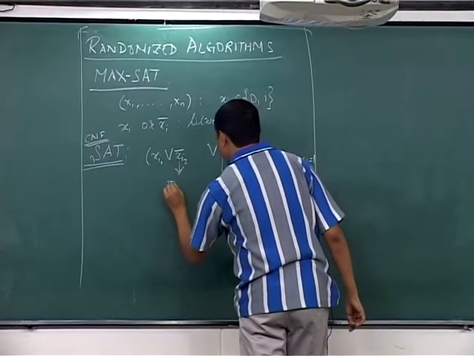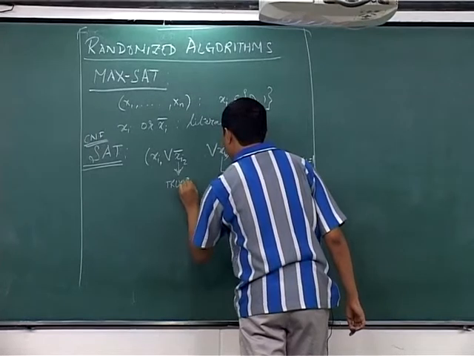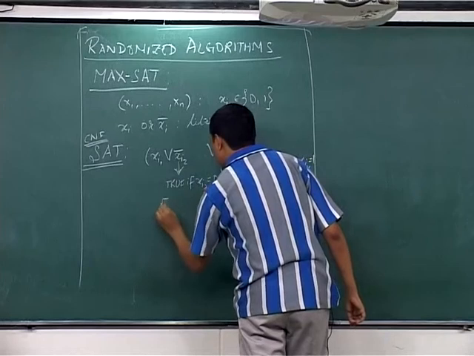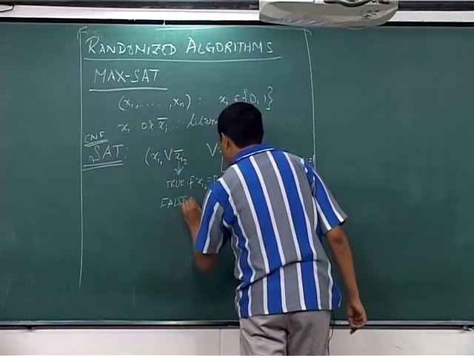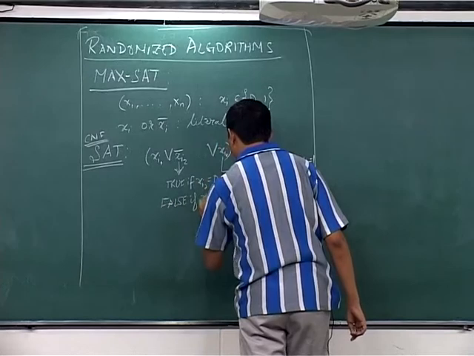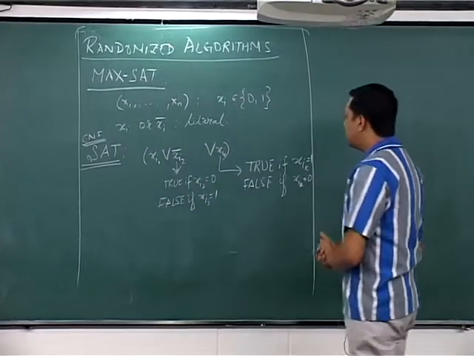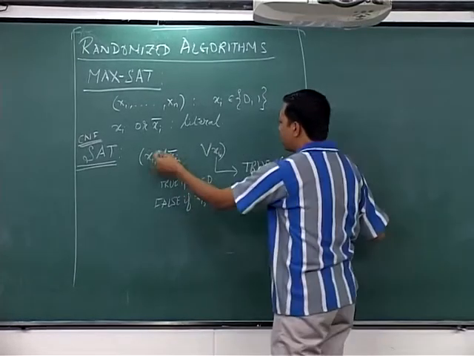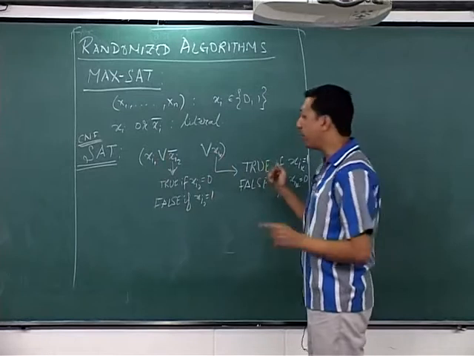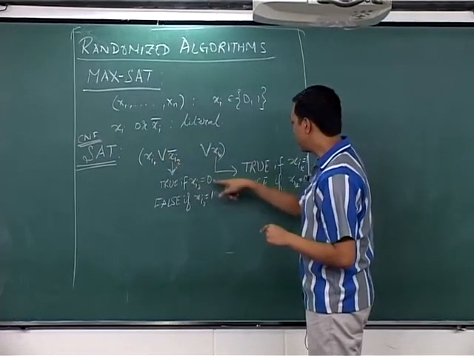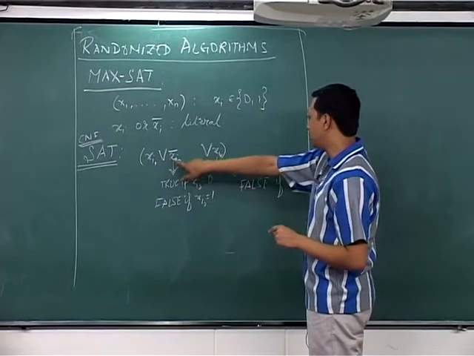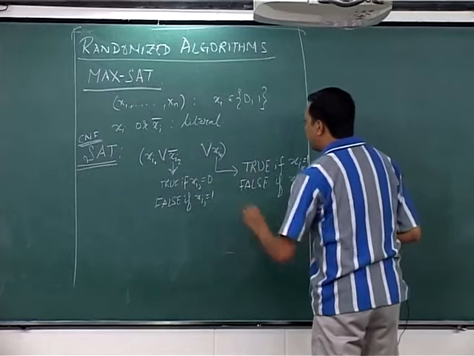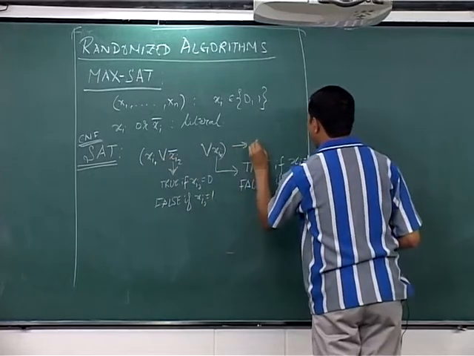So this is true if it is 0 and false if the corresponding variable is 1. So you have these literals, and you want at least one of these to be 1. In this case it's xi2 bar which is 1, which means xi2 is 0. This is what is known as a clause.